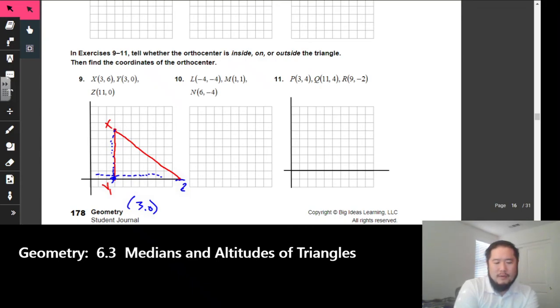Okay. Once again, let's take a look at number 11. Let's see if we could put this one together. One of our points is at 3, 4.